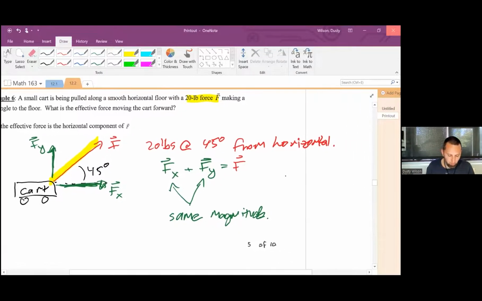So if our vector F has an x component A and a y component B, it should be clear that your A is going to be Fx and your B is going to be Fy.